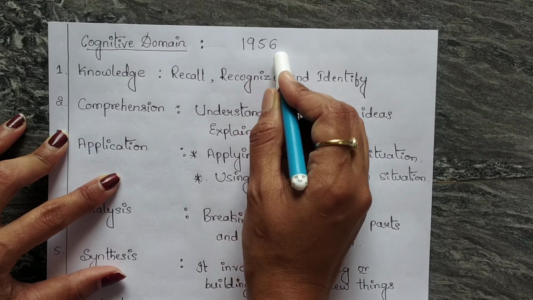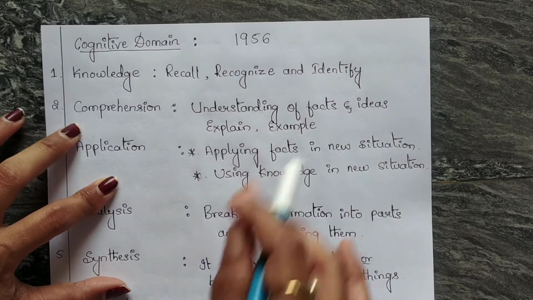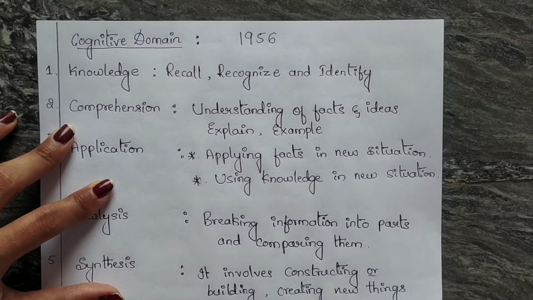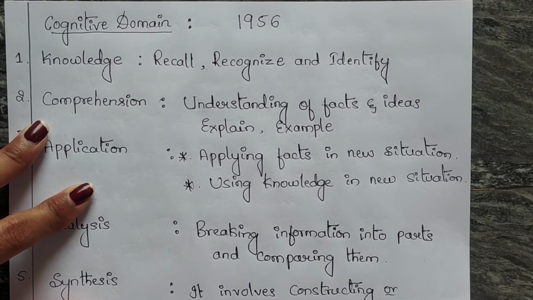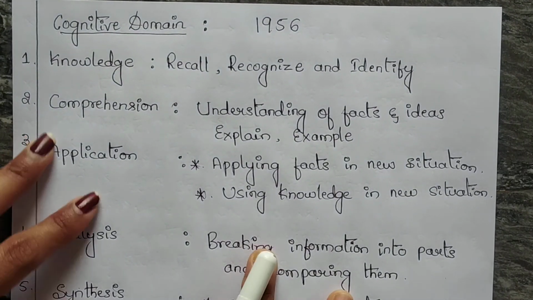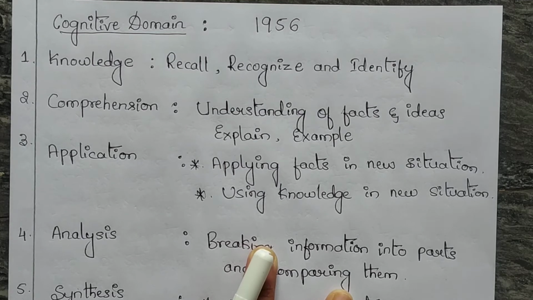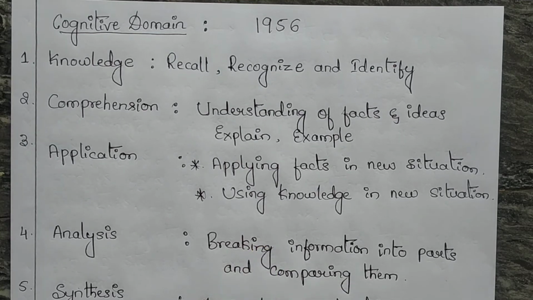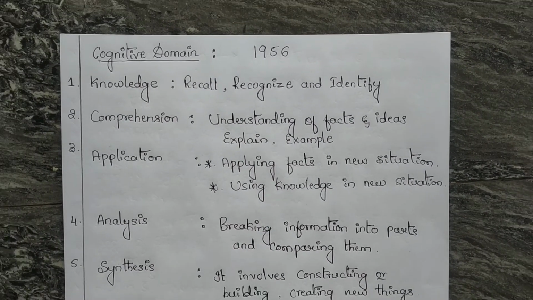Bloom's taxonomy in 1956. The first one, which is the lowest one, is knowledge. Knowledge involves recognizing and remembering facts, terms, and basic concepts or answers.